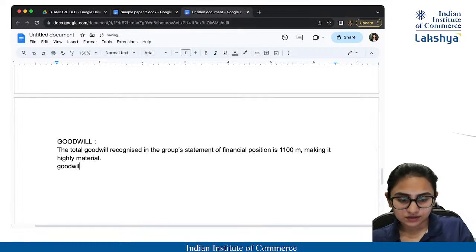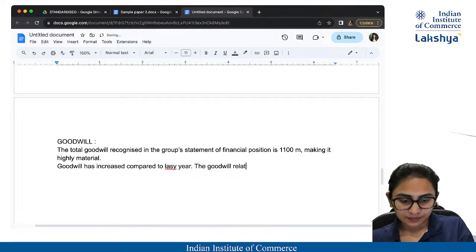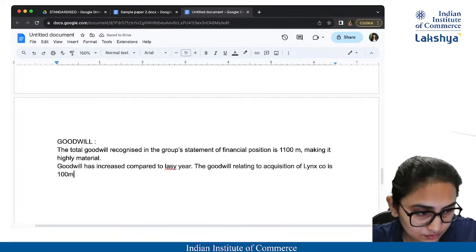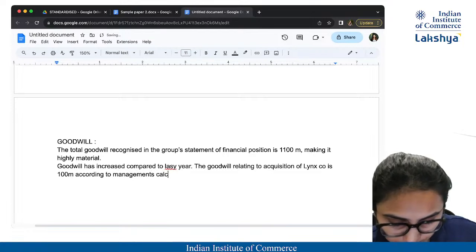Goodwill has increased compared to last year. The goodwill relating to the acquisition of Links is 100 million, according to management's calculations.